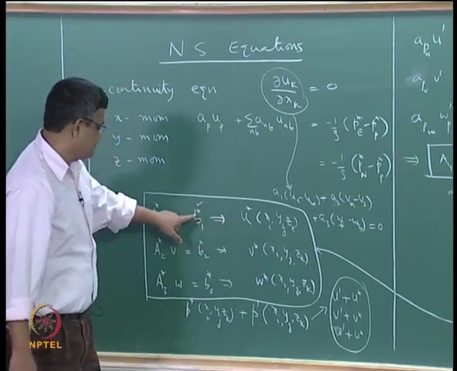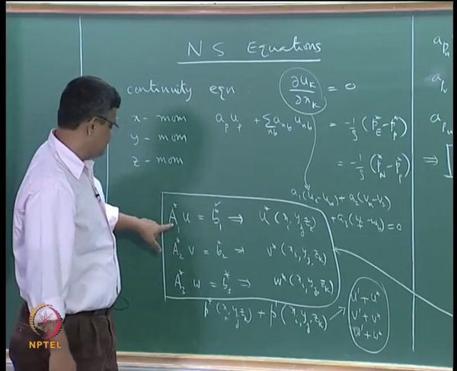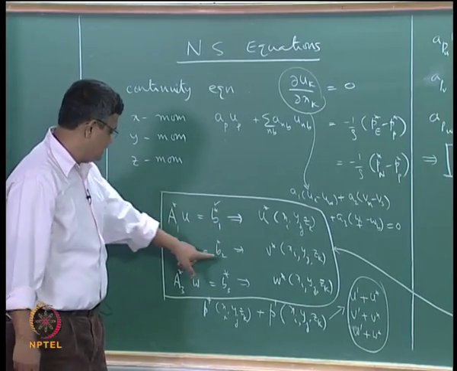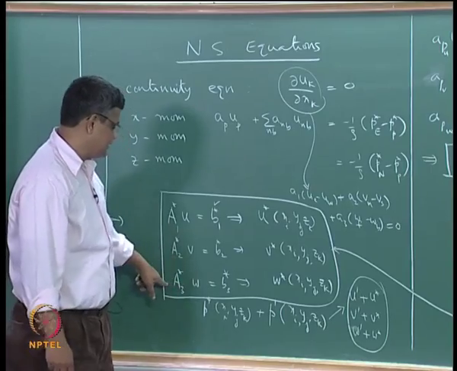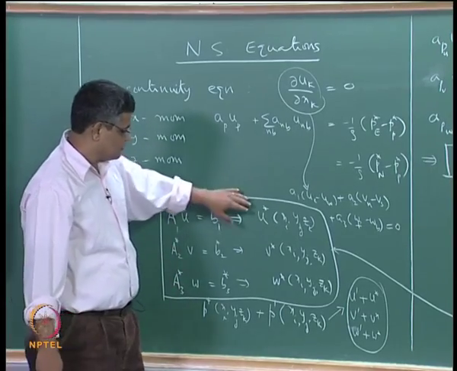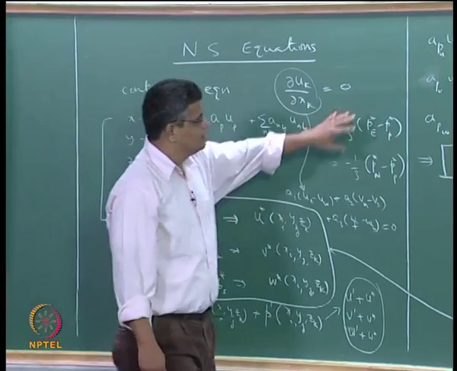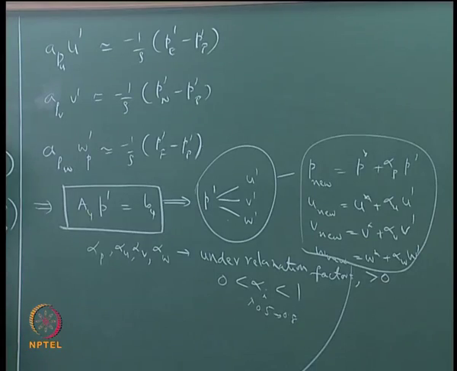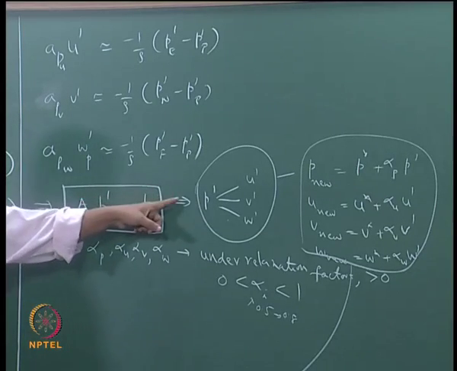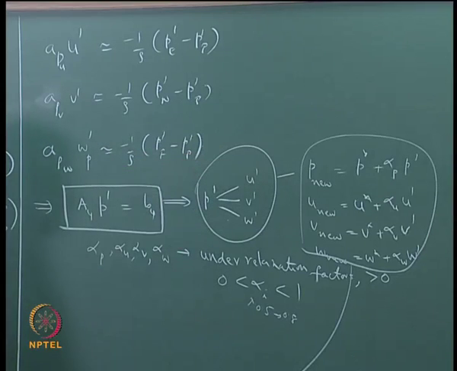We reevaluate B1, we reevaluate the coefficients of A1 and of course B2 and A2 and B3 and A3. We again solve for new values here. We put these things into this and into this to get new A4 and B4. We again solve for P prime, and we can do this iteration several times.